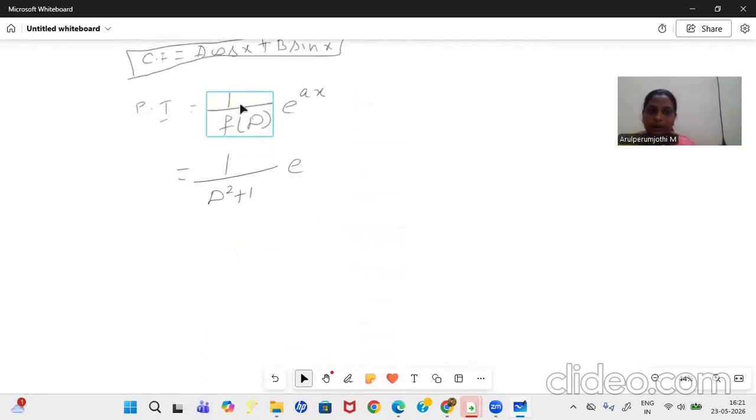E power minus x. So what is your a here? A is equal to minus 1. Now if you put d square is equal to minus 1, what happens? That minus 1 becomes plus 1. So 1 plus 1 is 2 into e power minus x.